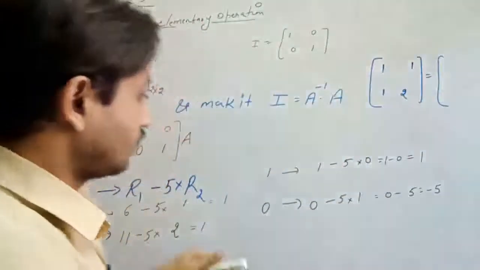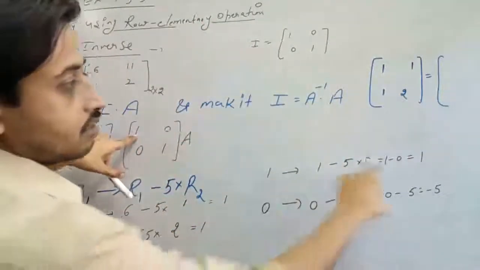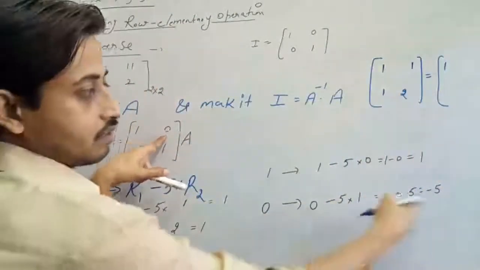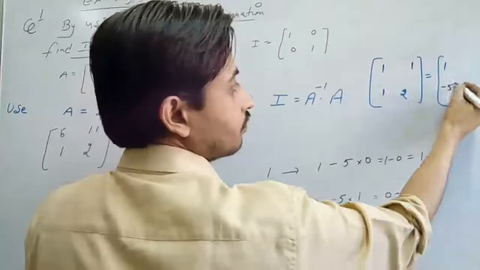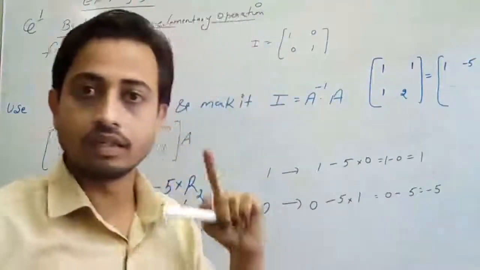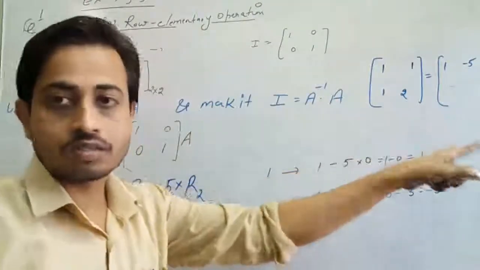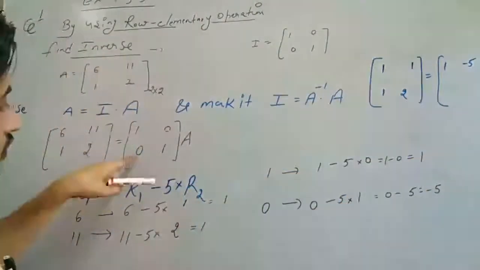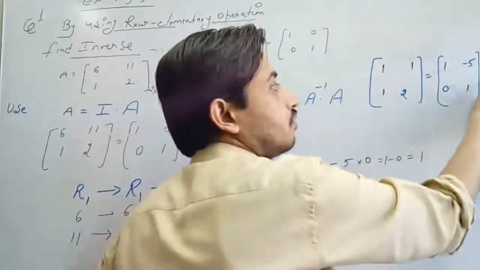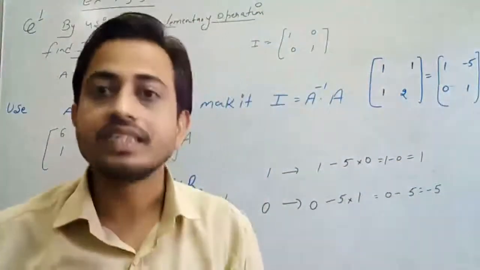Same here: our first 1 is replaced by 1, and 0 is replaced by minus 5. We have to write that. Now the second row is as it is: 0 and 1. And we write A as it is.